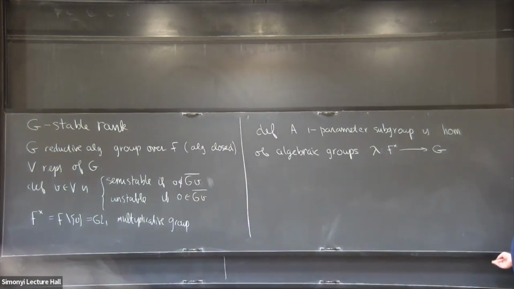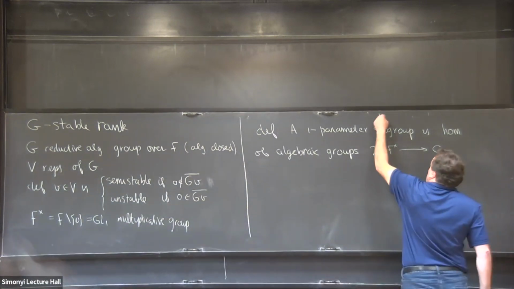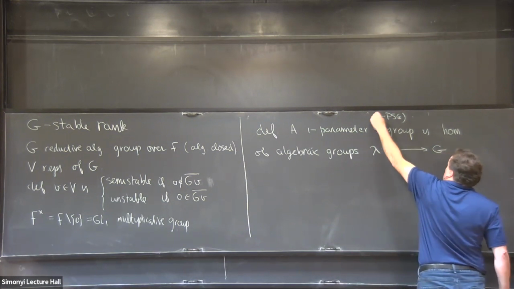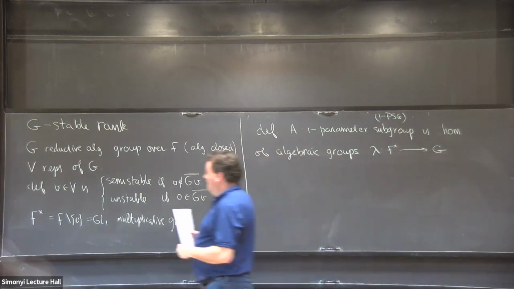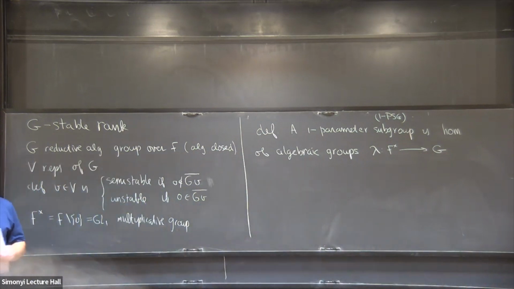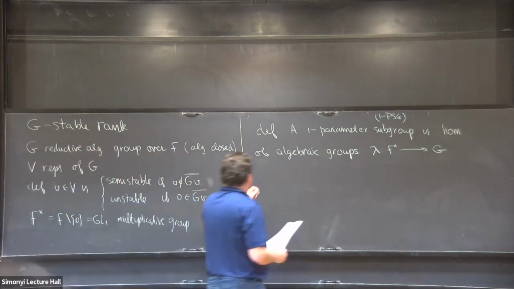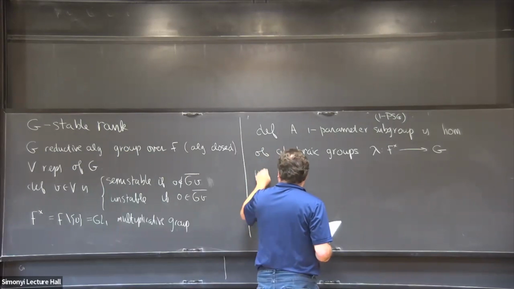But this is called the one parameter subgroup, or 1PSG for short. And so there's the following characterization of semi-stability, namely the Hilbert-Mumford criterion.